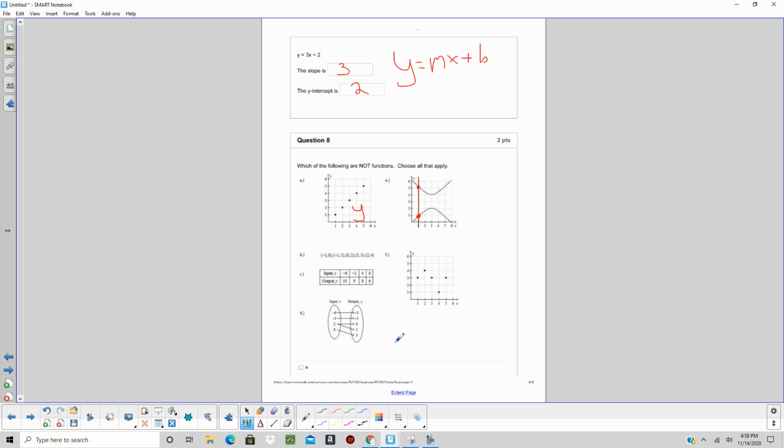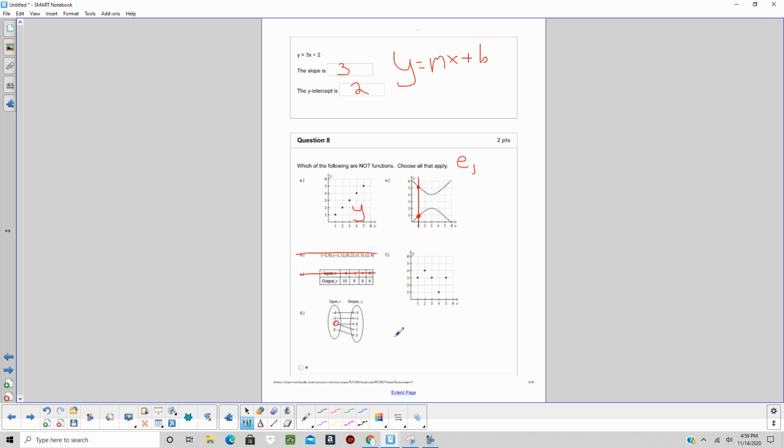And it looks like we are cut off, but I know E is one of my choices. And let's see. B, none of my x's repeat, so that would be a yes. C, none of my x's repeat, so that's a yes. D, whoops, right here.